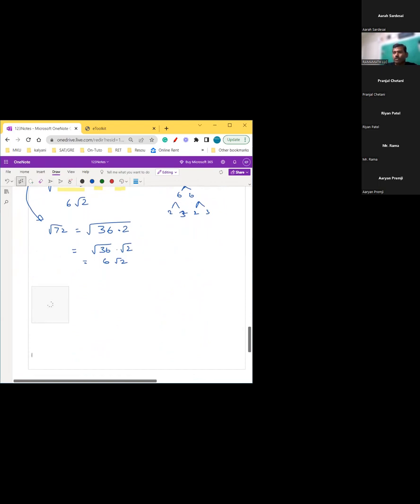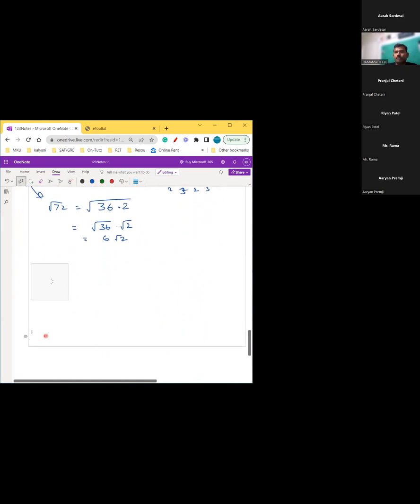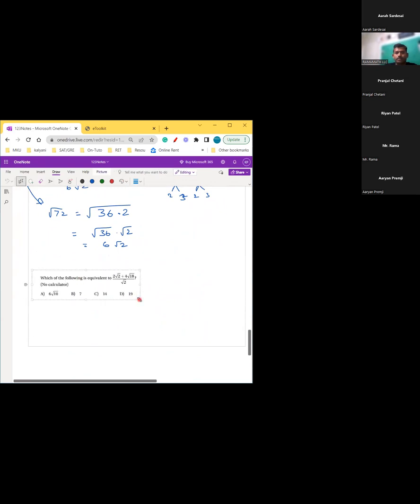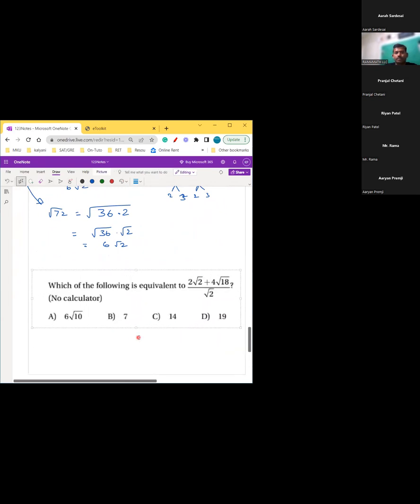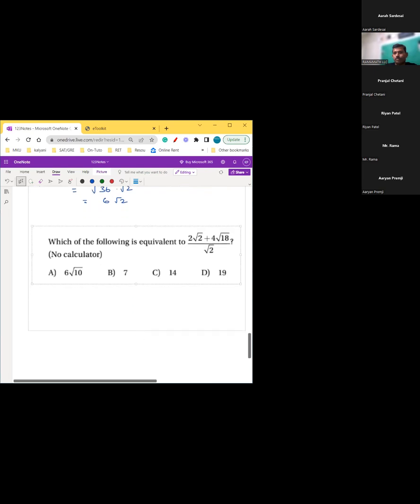Krishna, can you read this one whenever you get it? Which of the following is equivalent to 2 root 2 plus 4 root 18, divided by root 2?